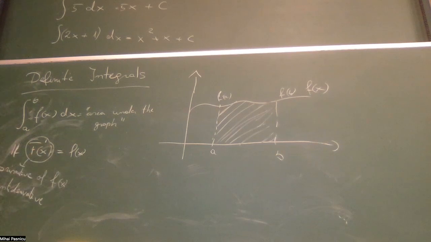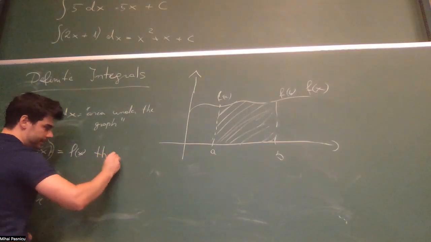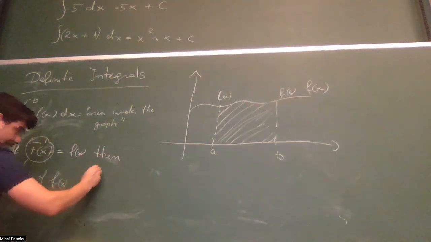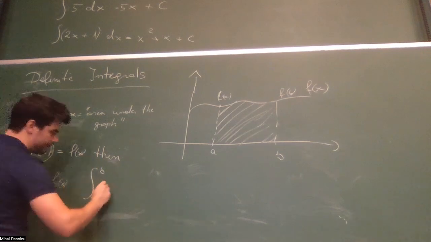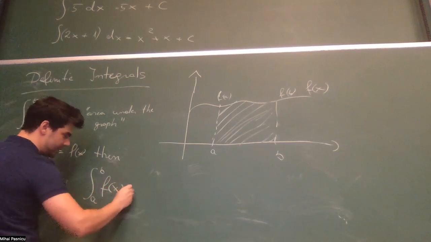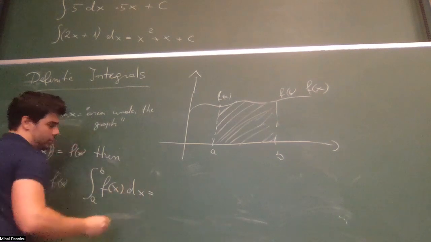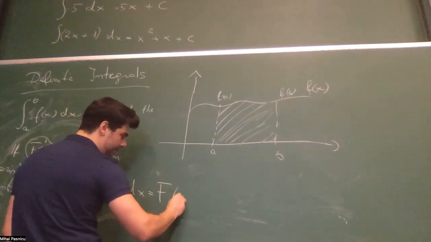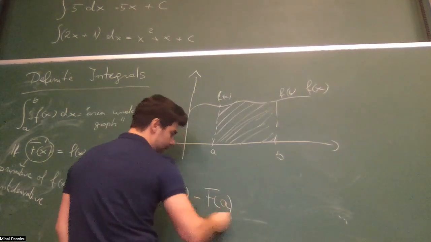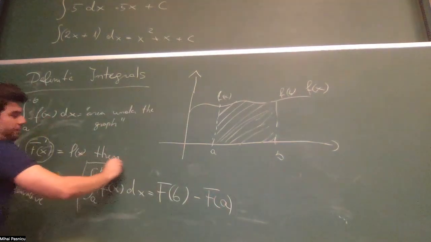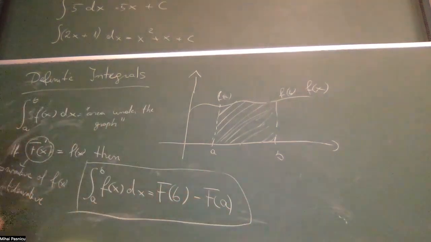If big F is the primitive or antiderivative of small f, then integral from a to b of small f of x dx is equal to big F of b minus big F of a. And this is the thing you're going to use in all integrals from now on. That is actually very important.